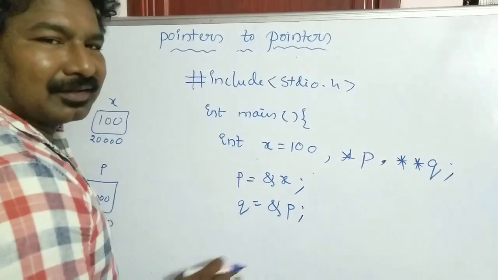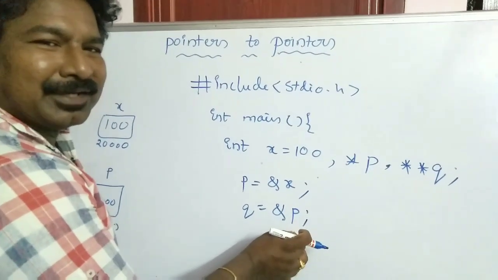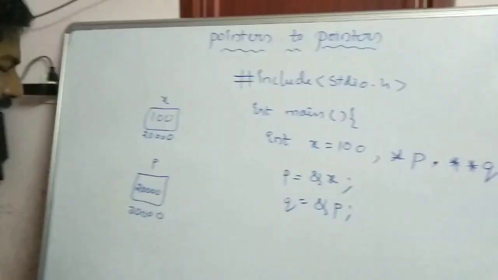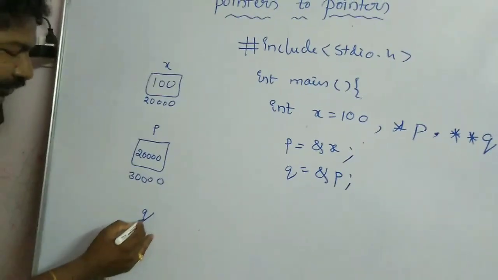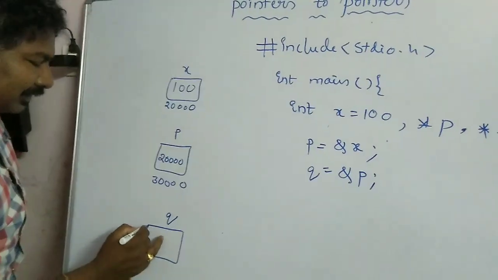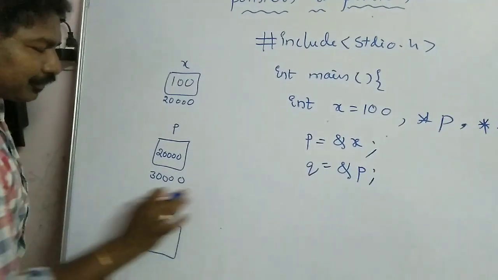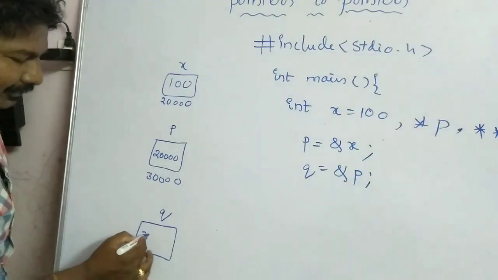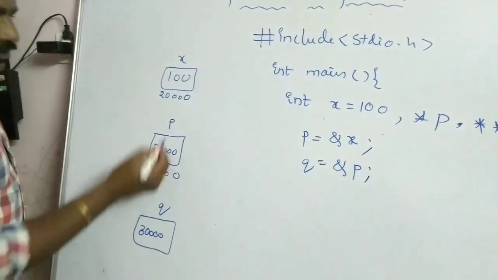It's very simple. But p is not a normal variable, p is a pointer variable. So for that I will draw a figure here. q is another pointer and q gets the address of p. What is the address of p? That is 30,000.